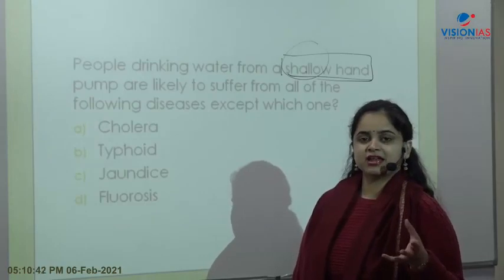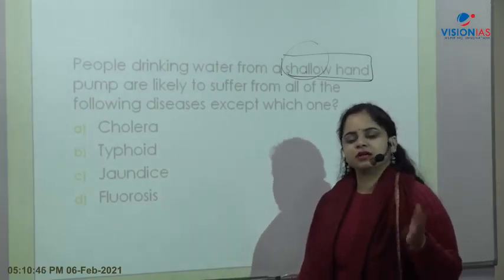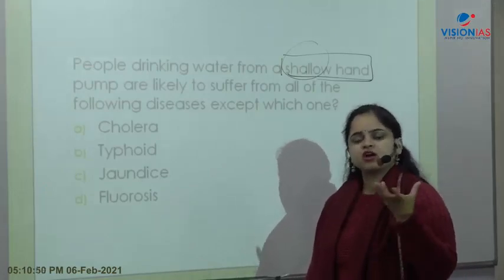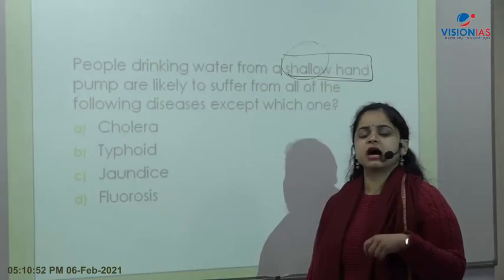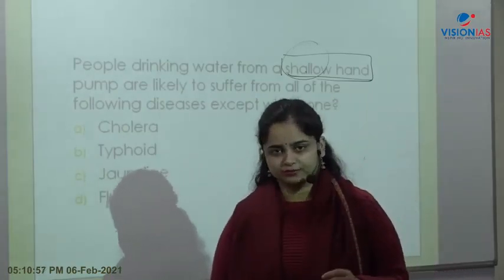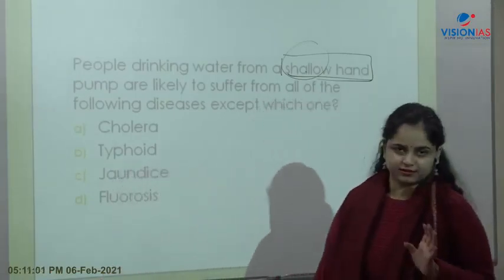The microorganisms can easily be available in this particular water which comes from a shallow area, because contamination chances are high. So any disease which is waterborne, which can be transmitted through water, that would happen here.